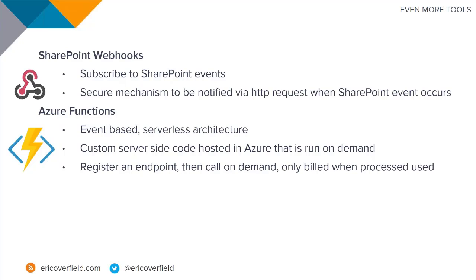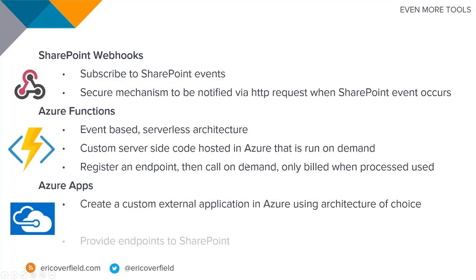Very cool that you can build some simple code that runs for micropennies per second of time. It allows you to build that C# code and have it run on demand and do something to your SharePoint or Office 365 environment.